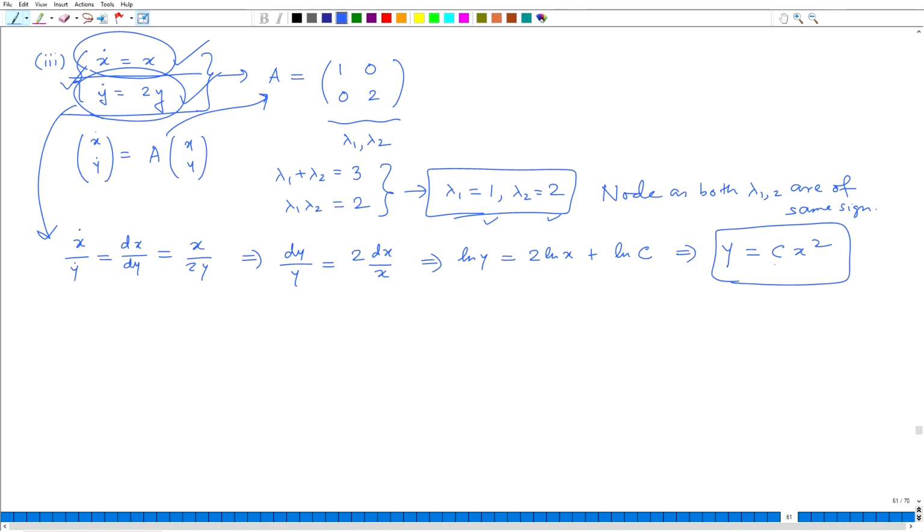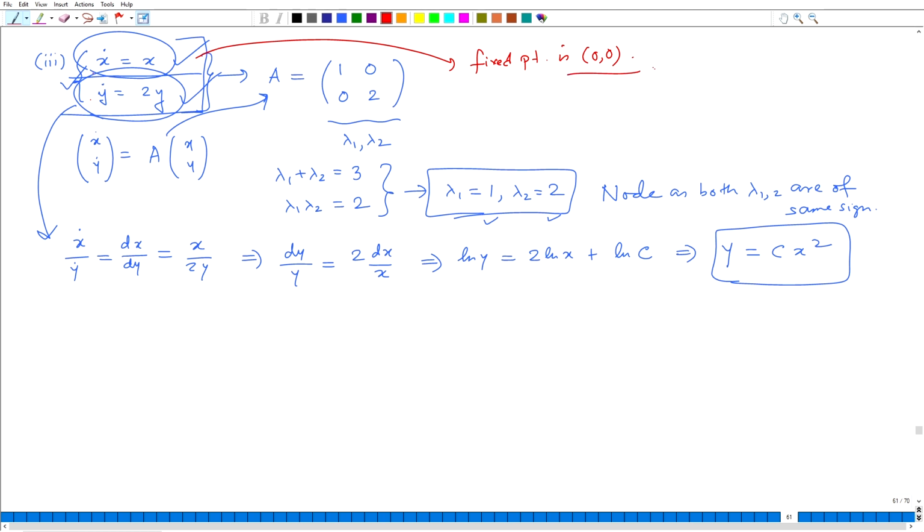Now, what is the fixed point of this set of equations? The fixed point is again 0 0, and that is why you will see that whether you are working with x and y or any perturbation with respect to the fixed point, they look the same.